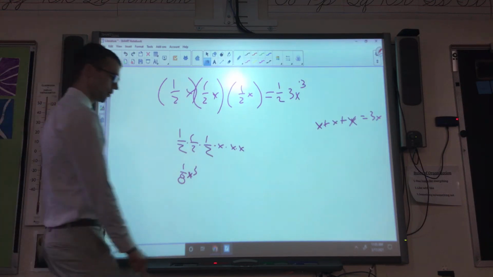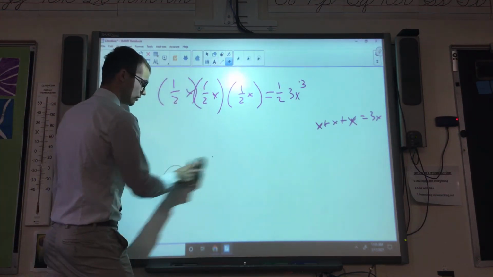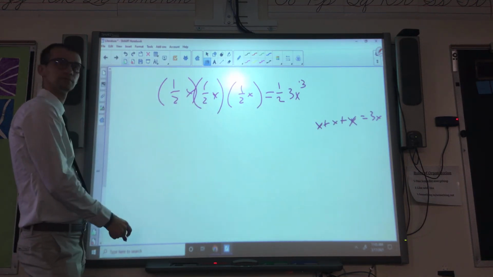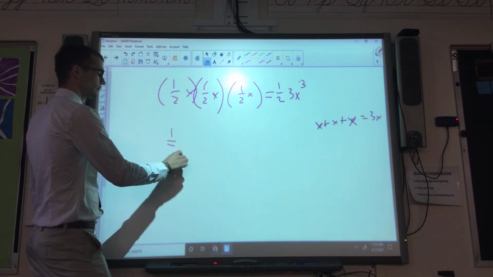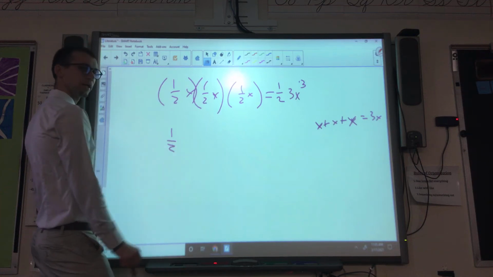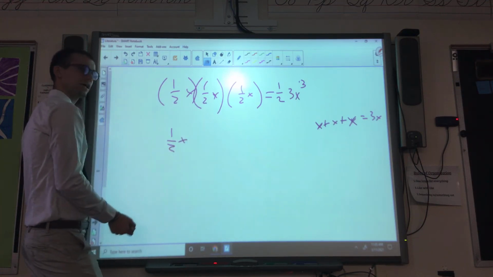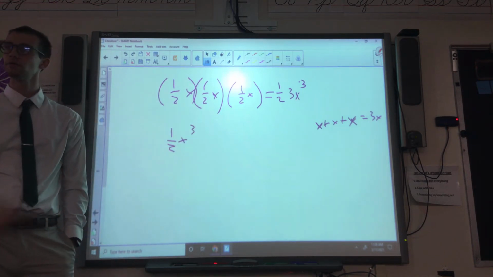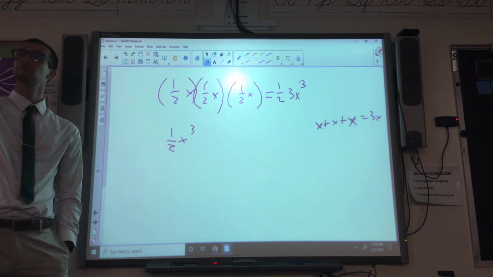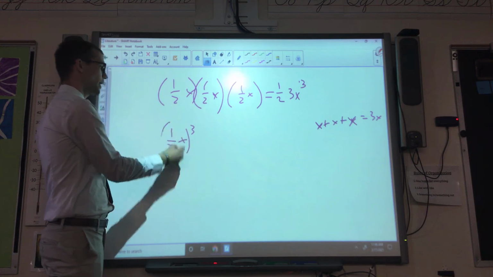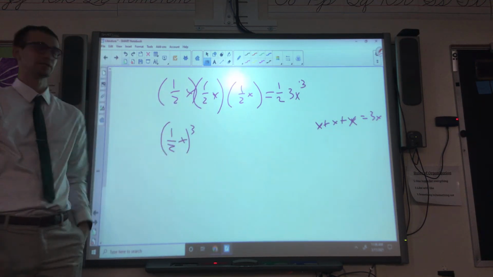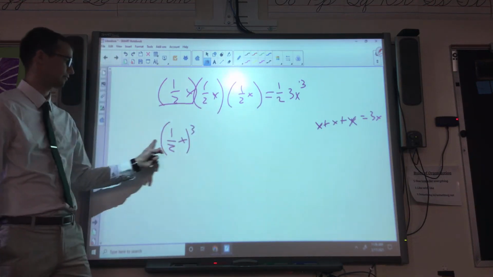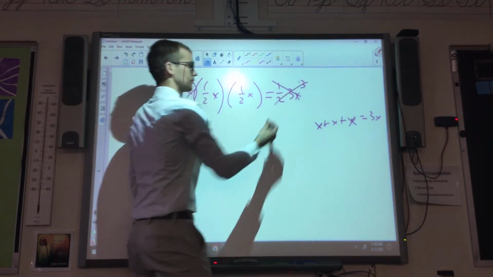But I just want exponential notation. What's the base? Not just 1/2, it's 1/2 x. And the exponent is 3. Good? No, why not? Parentheses around the 1/2 x, because 1/2 x specifically is the base. So (1/2 x) to the third power.